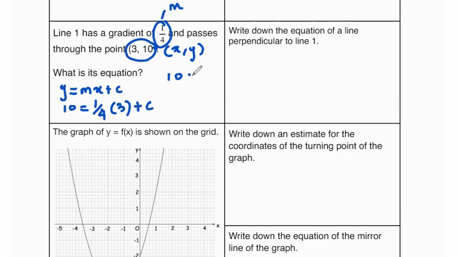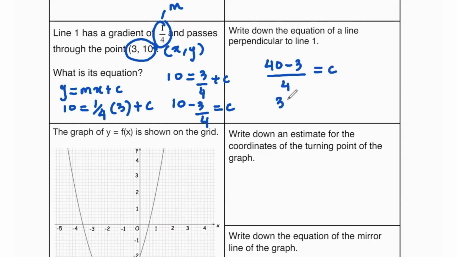That's going to be 10 equals 3/4 plus c. 10 minus 3/4 equals c, and that's going to be 40 minus 3 over 4, and that is 37 over 4, which means our equation will be y equals 1/4 x plus 37 over 4.